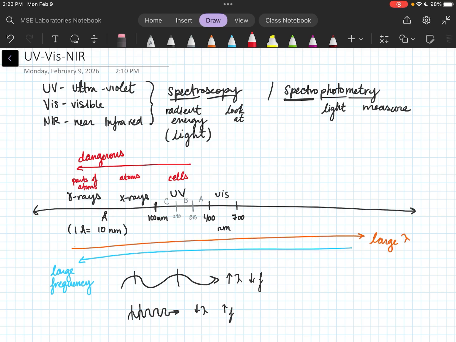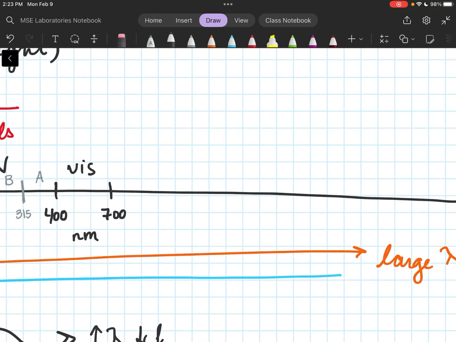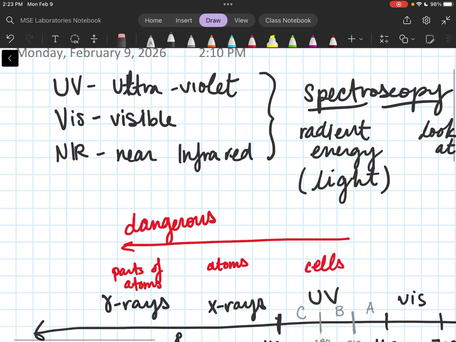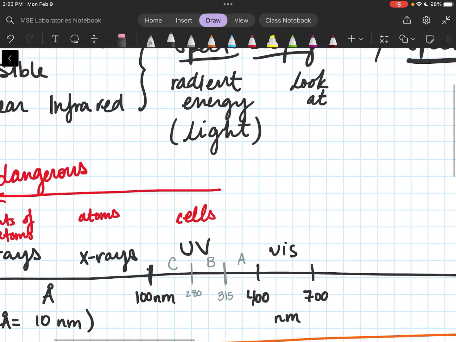information about this stuff smaller than visible light. Above visible light. What is above red? Red is like 700-ish. What's above red? So this one.